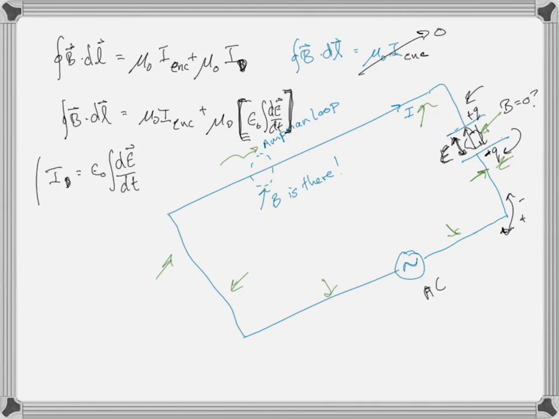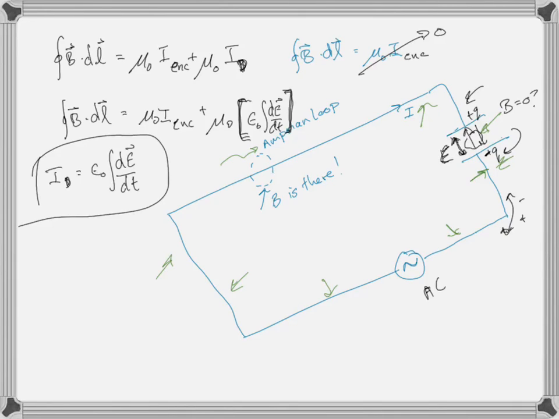And that's what he's showing: where there's a changing electric field, it has the same effect as there being a current. And therefore, changing electric fields must create magnetic fields. Again, where there's a changing electric field, it has the same effect as if there's a current. And we know that currents create magnetic fields. Changing electric fields also create magnetic fields.